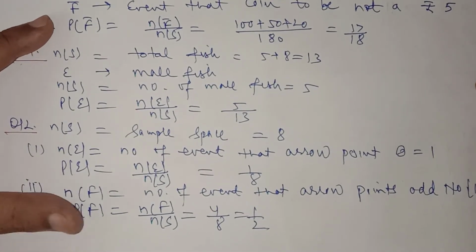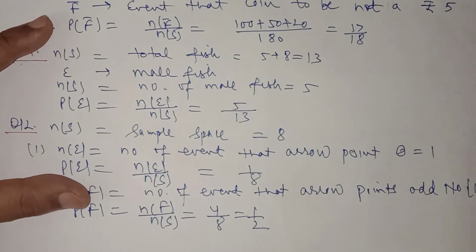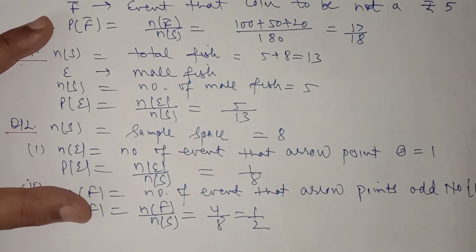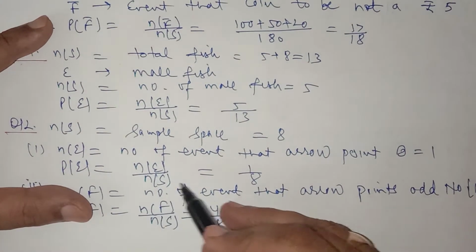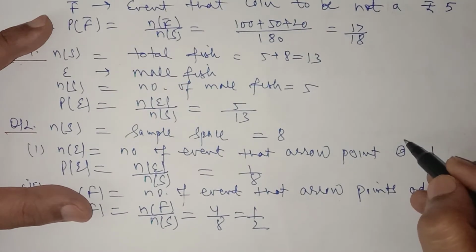Now in question number 12, there is a question you read in the book. There are a total of 8 points in that spinning circle. Now what is the probability that the pointer points to 8?